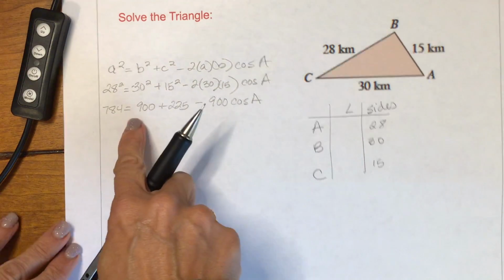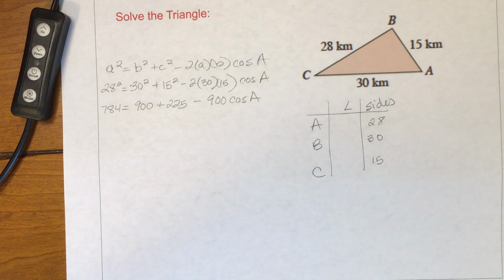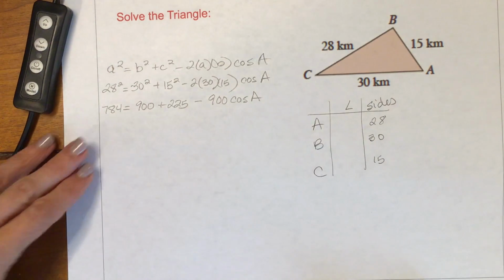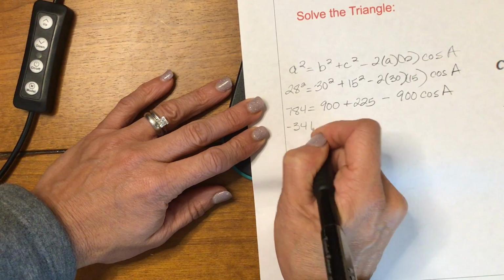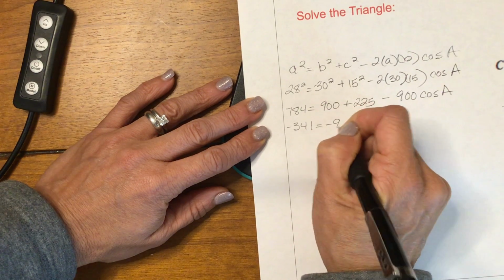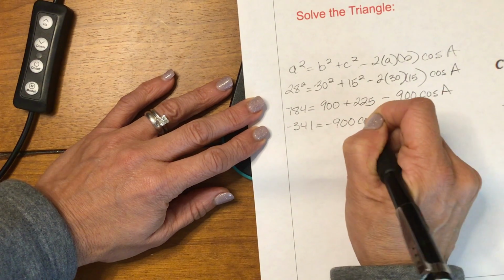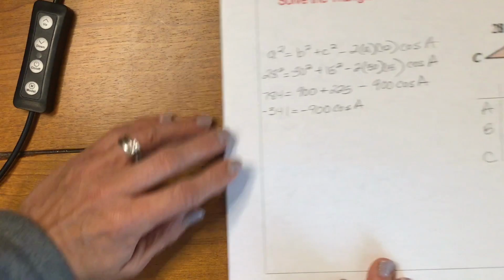So if I subtract the 900 and 225 from 784, I get negative 341 equals negative 900 cosine of A.